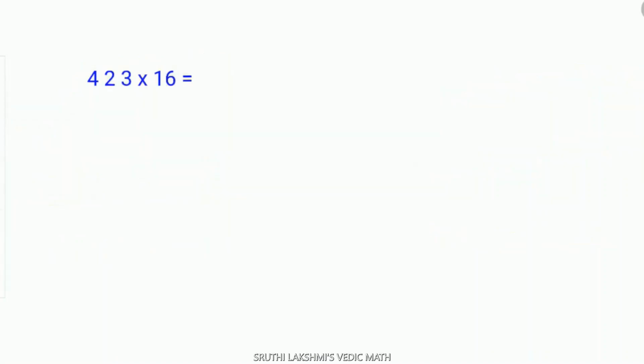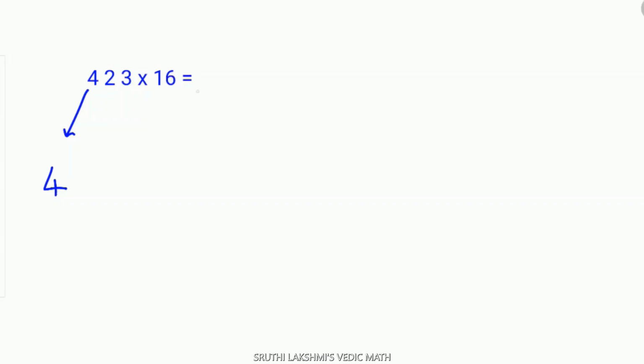Okay, let's try another example. 423 times 16. First, write down the first digit 4 as it is. Next, multiply this 4 with 6. Why multiply 4 with 6?